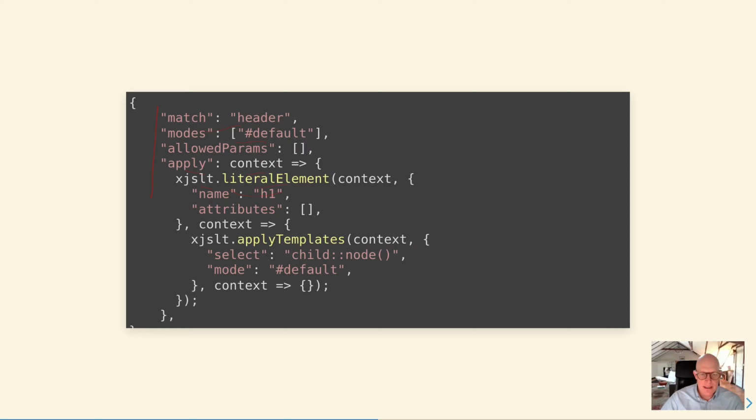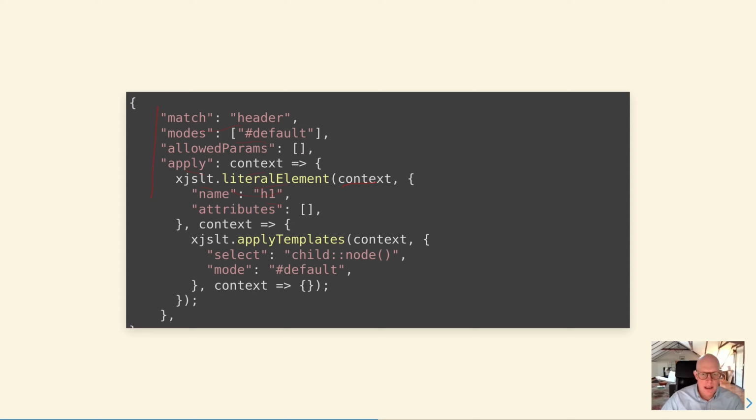In this case, literal element, which outputs a literal element, H1 literal element, and passes in the dynamic context to that. And then another of the arguments to this literal element helper function is another function which again takes a context, dynamic context variable, and then calls out to apply templates.